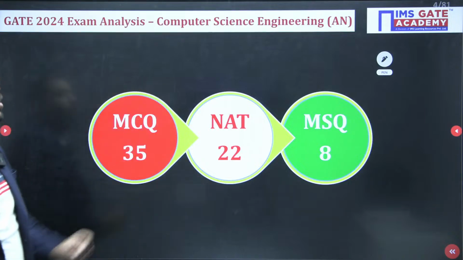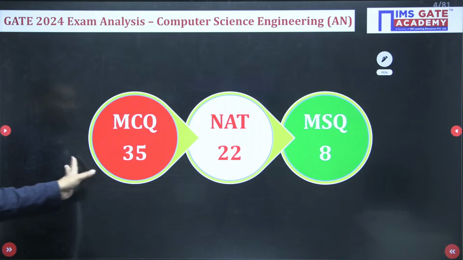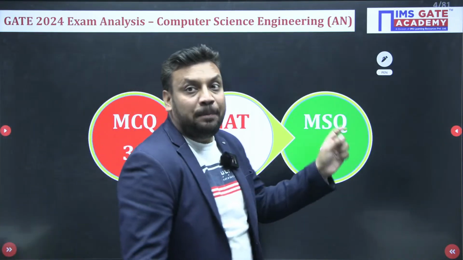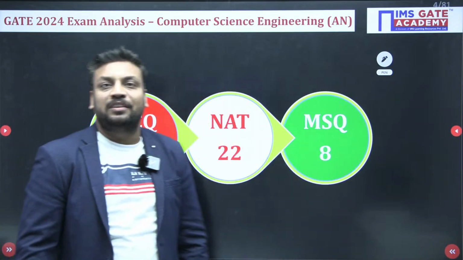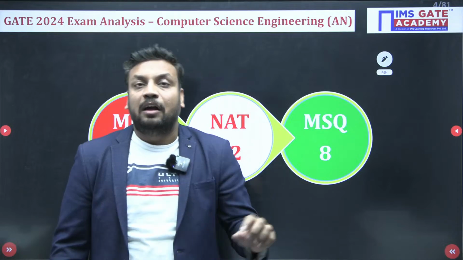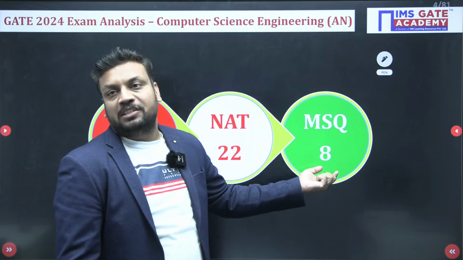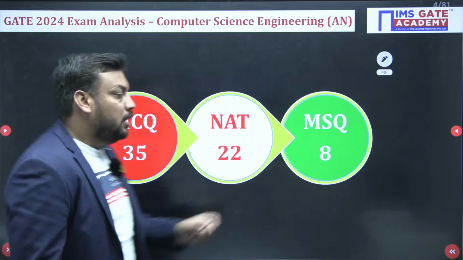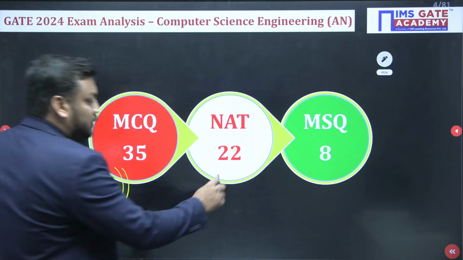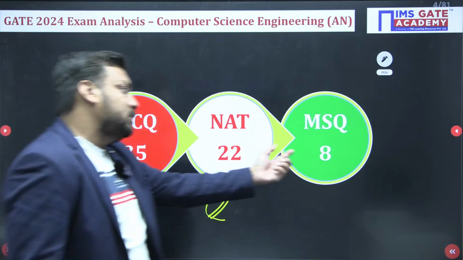So students, if I talk about this afternoon paper analysis, first of all, the pattern of questions that has been asked has a big difference as far as MSQ is concerned. In the forenoon session, 20 MSQ were asked, whereas in the afternoon session, only 8 MSQs were there. There were 35 MCQ in today's afternoon computer science exam, 22 NAT questions and 8 questions from MSQ.